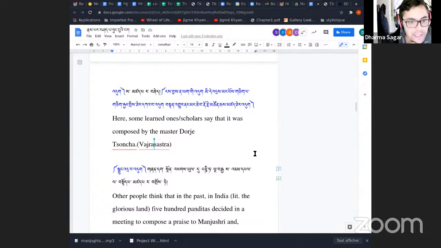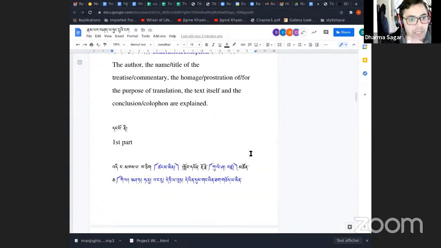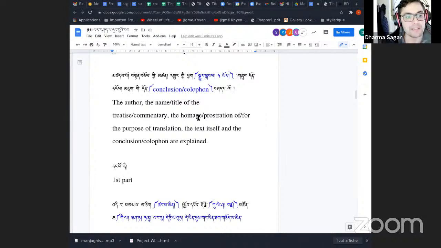But for example, here at one point I put two different possibilities: name and title. Here, the author, the name, the title, because in Tibetan, Tsen is the honorific for name, and name is what we use for the title. There's no word for title. So that's why I kept the two possibilities.